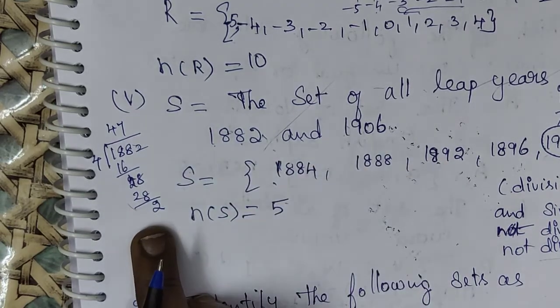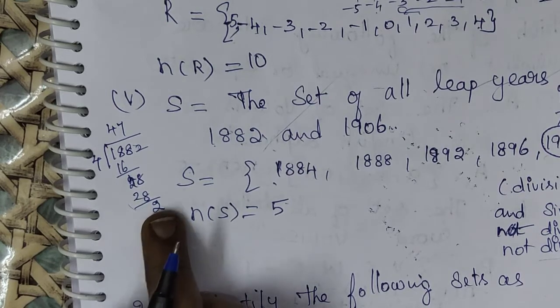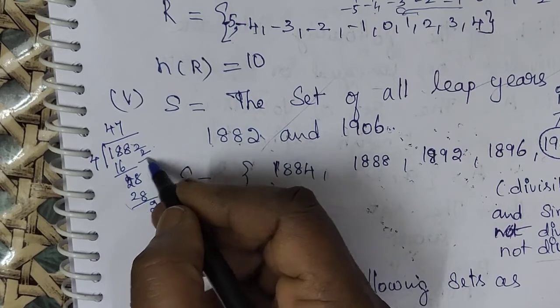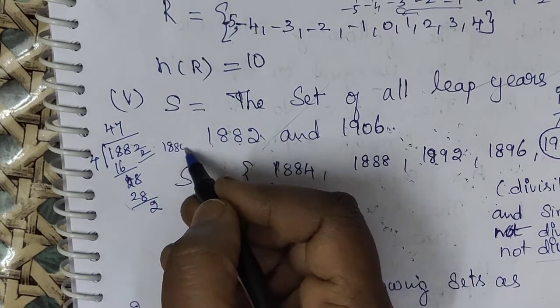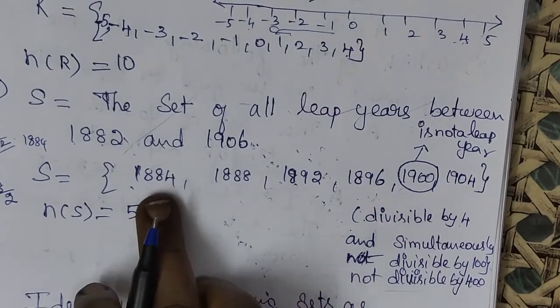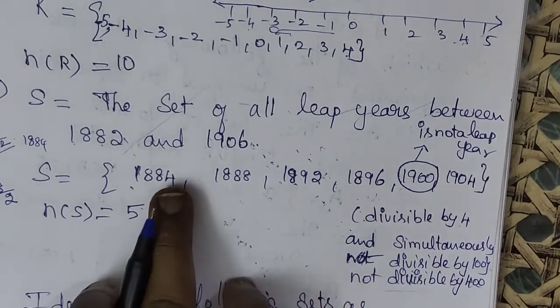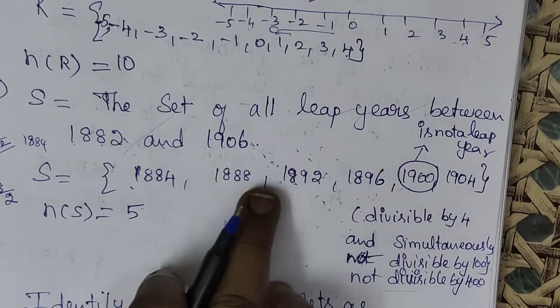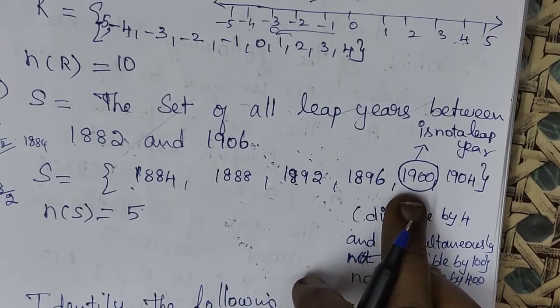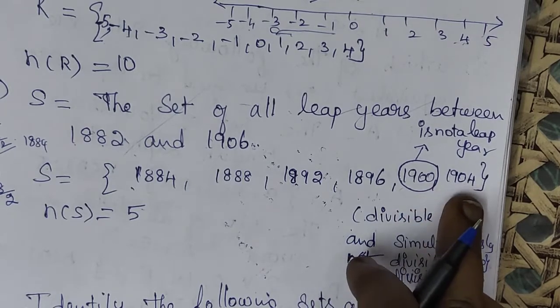Now if we want to find the next number which is divisible by 4, we have to add 2. So that is 1884. So I have started with 1884. Next plus 4, 1888, plus 4, 1892, plus 4, 1896, plus 4, 1900, plus 4, 1904.